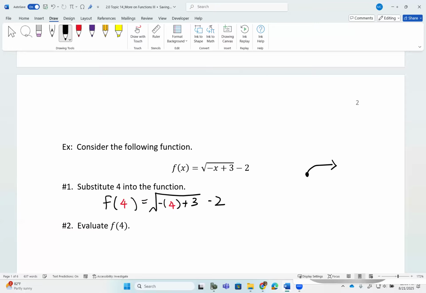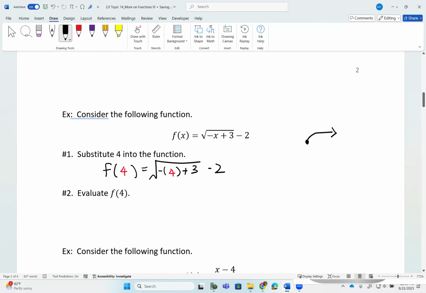In a different topic, we will talk a little bit about something called the transformation of functions. By looking at the equation of the function, we can get a sense of what the graph looks like before we even graph it. All right, so let's evaluate.